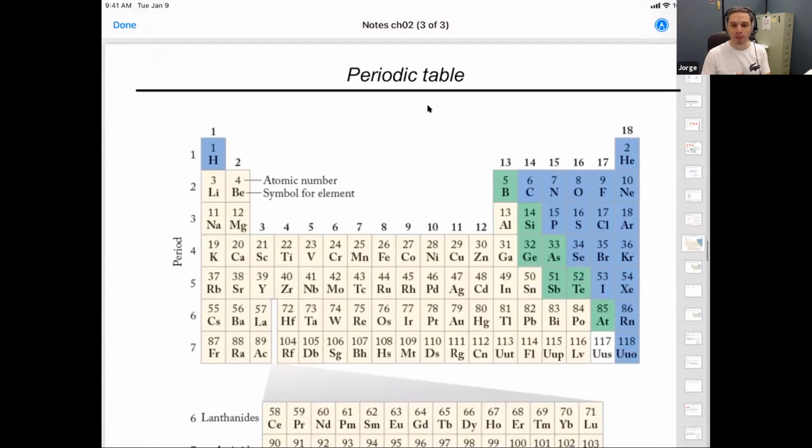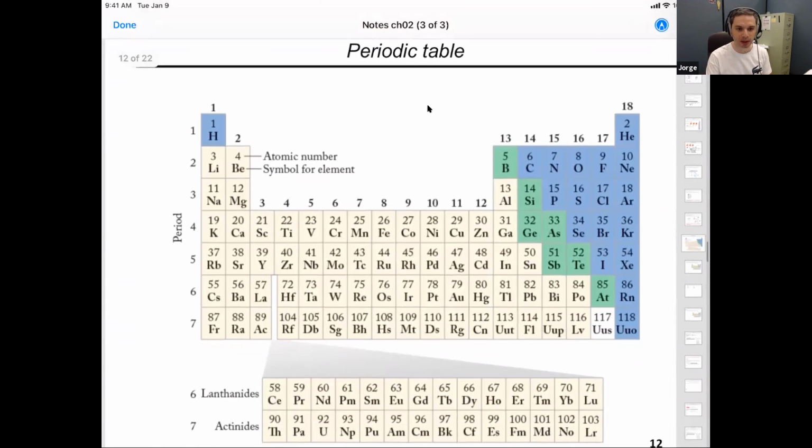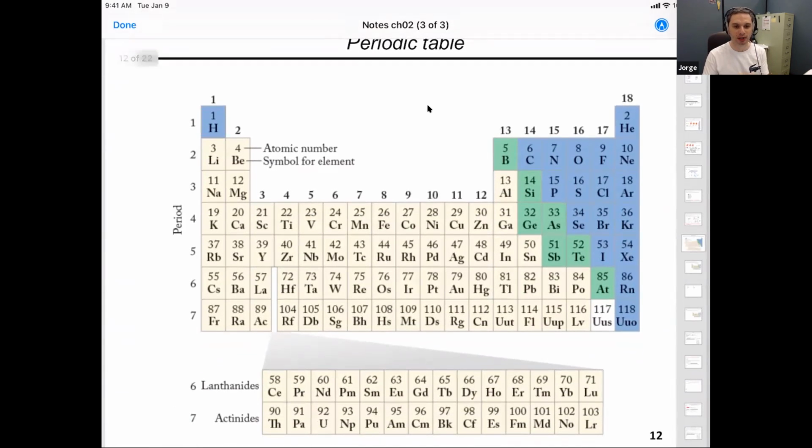If we go back to the periodic table and locate the elements sodium and potassium, we are going to find out that sodium is right here. Sodium is in the first column of the periodic table and the third row.